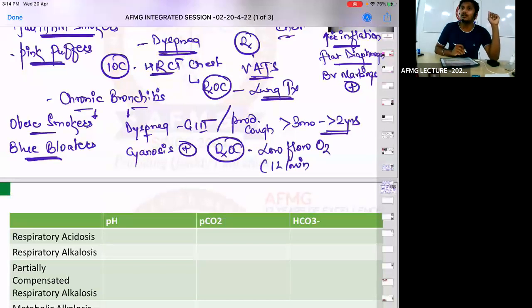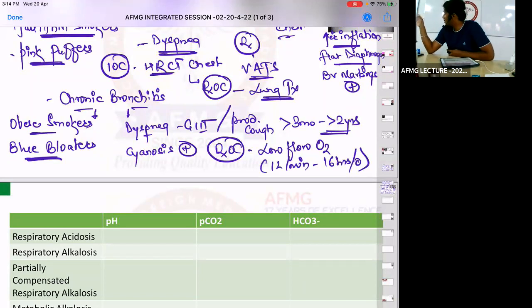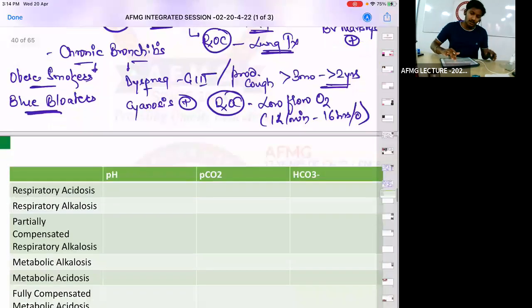For how many hours a day? 16 hours a day. So this is important, this has been asked. Okay, so in chronic bronchitis the treatment of choice is low flow oxygen, at 1 liter per minute, for 16 hours. No issues with this.